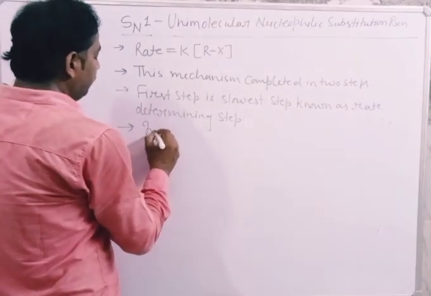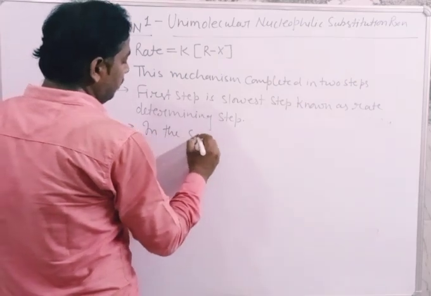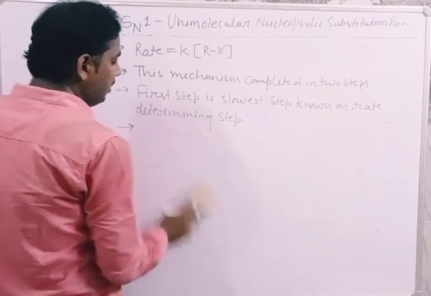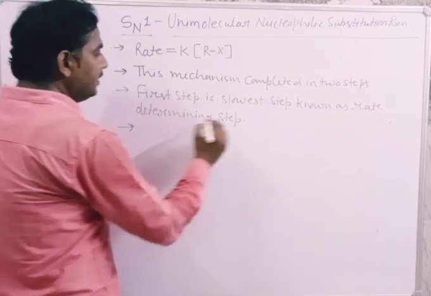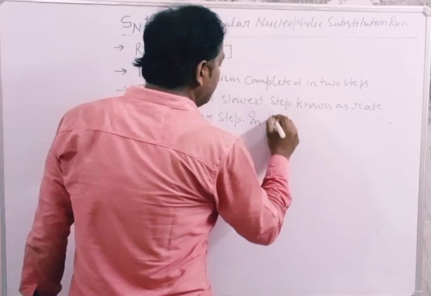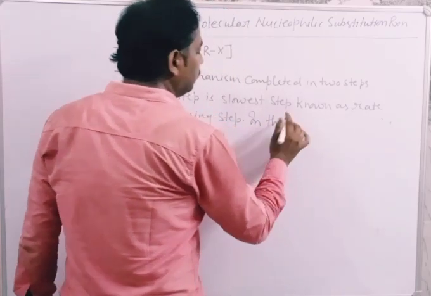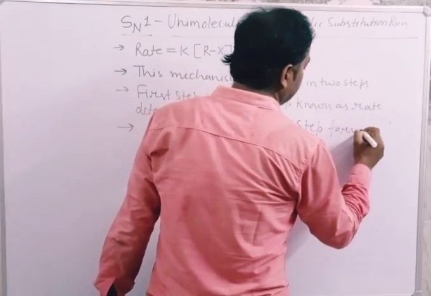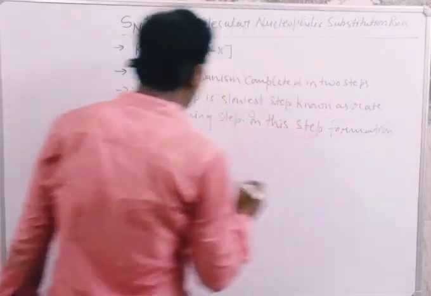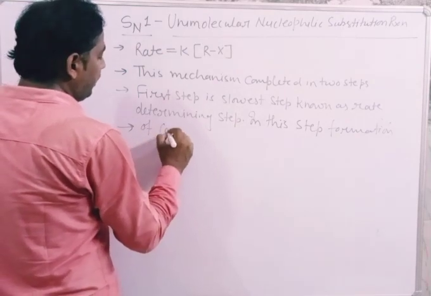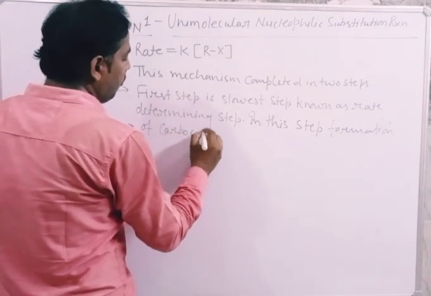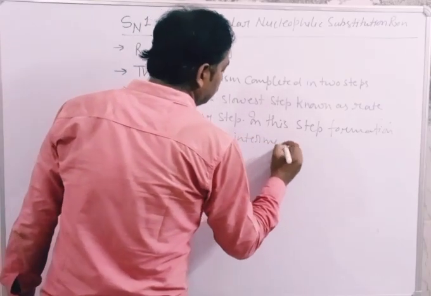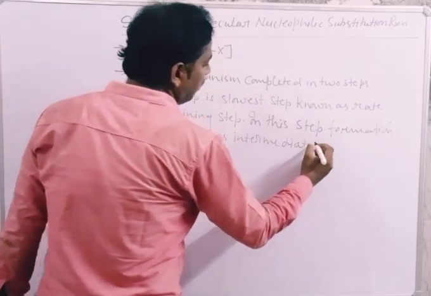In the second step, one point I forgot. In this first step, formation of carbocation intermediates takes place.